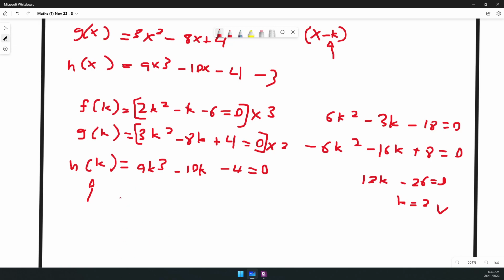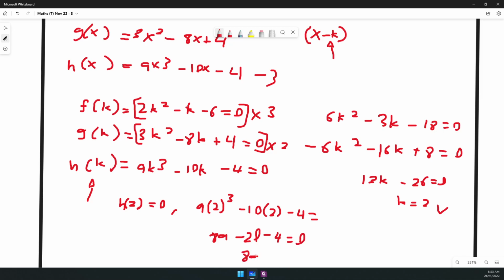So we put in h(2). Since all of them have a common factor, if these two get 0 at 2, h should also get 0 at 2. So that means a times 2 cubed minus 10 times 2 minus 4, so that's 8a minus 20 minus 4 equals 0.